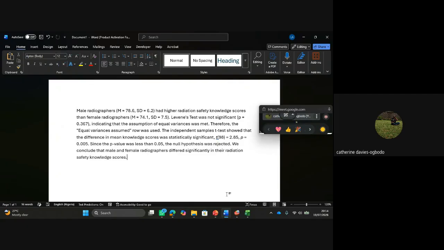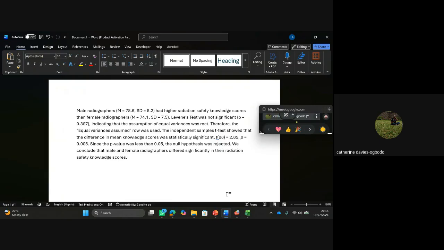So we are still comparing our Levene's test with 0.05, right? You still compare it with the level of significance that you use, which for your data is 0.05. Let's analyze it with pen and paper. Levene's test gave us a p-value of 0.367.